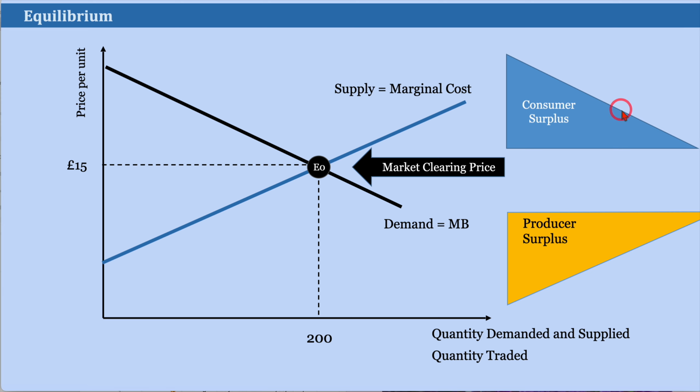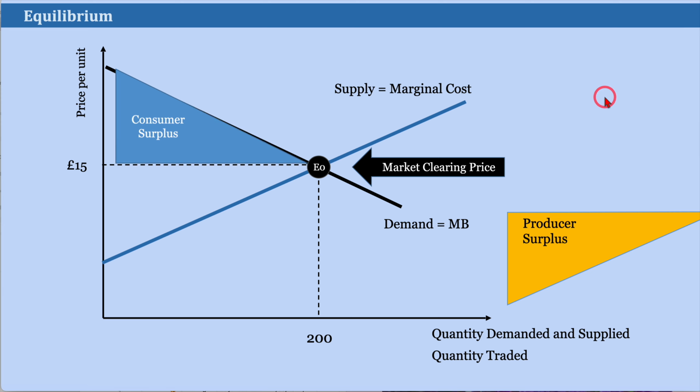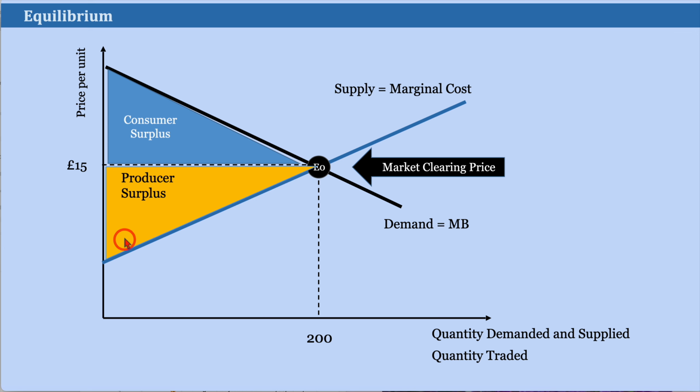And that's called consumer surplus, and it's that triangle between the demand curve and the equilibrium price. The producer, on the other hand, is getting this in the market because the consumer's paid 15 quid, and it could, and was willing and able to have supplied down here. So therefore, we have this area here called the producer surplus.